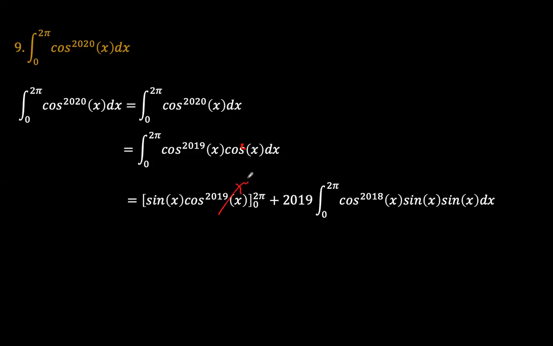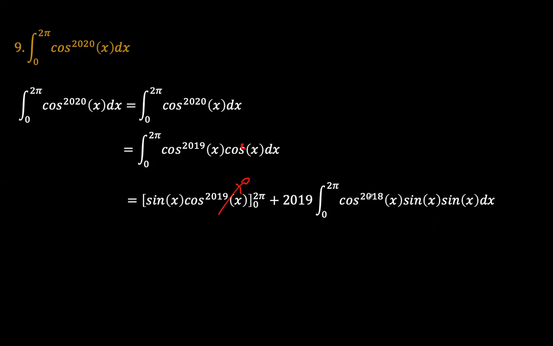And so minus the integral of v du, where du is 2019 times cosine to the power 2018 x times sine x.